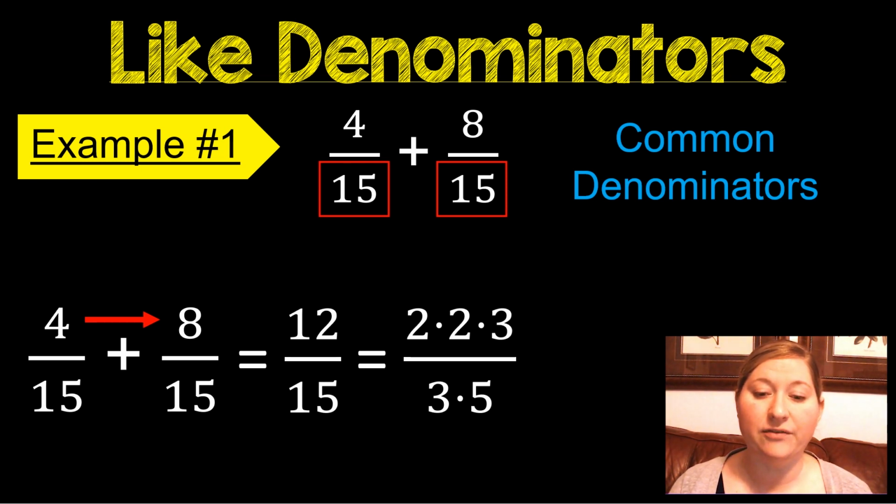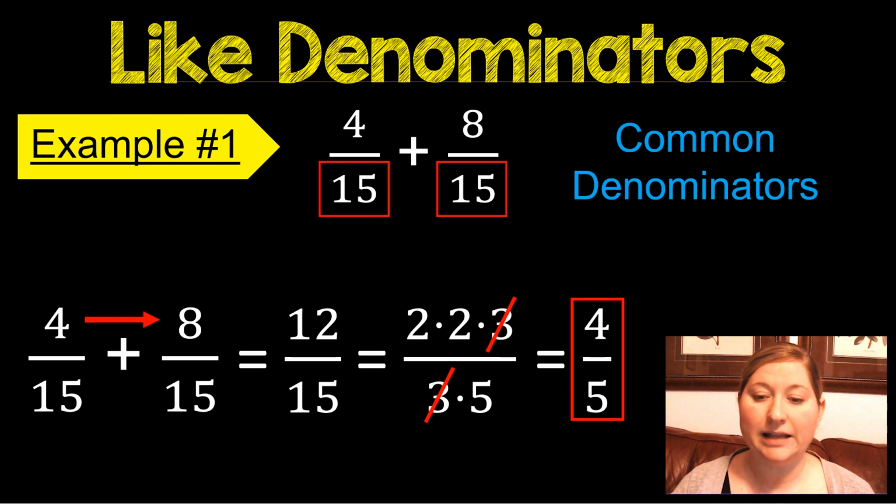So you can see I have a 3 in the numerator, and I also have a 3 in the denominator. So I can cancel those because 3 divided by 3 is 1. And now I'm going to combine what is left. So in the numerator, I have 2 times 2, which is 4. And in the denominator, I just have 5. So my answer is 4 over 5.